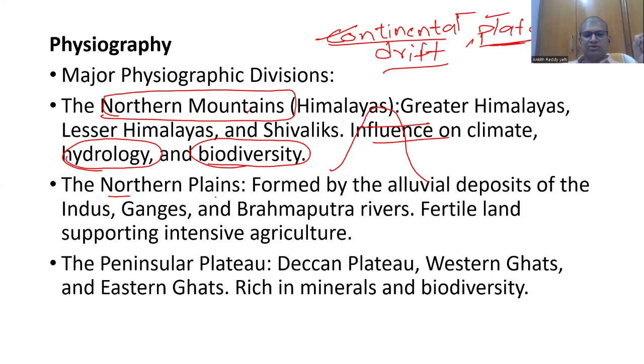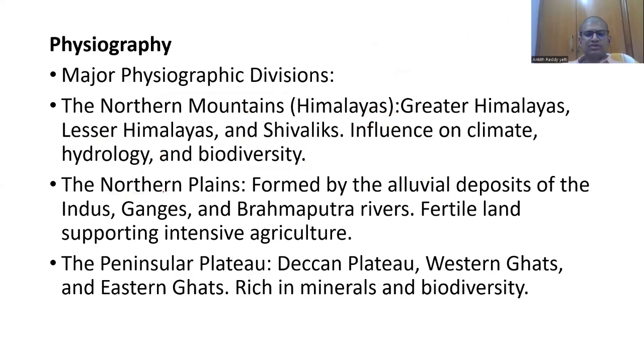Okay, then moving on to the northern plains. As I told you, the Indo-Gangetic plain is formed by the deposition of the Indus and Ganga rivers. The sediments carried from the Himalayas are deposited and formed into the northern plains. So the northern plains are rich in alluvial soil, depositional soil.